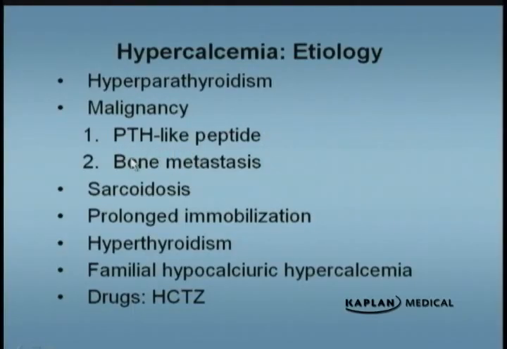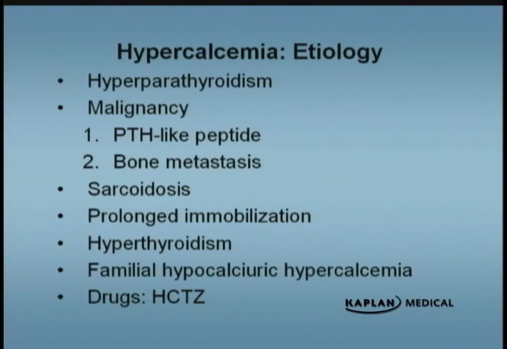The number one cause in terms of frequency is the second one right here, bone metastases. So for example, you have multiple myeloma, or you have metastatic breast cancer, and because of the metastatic disease to the bone, they activate locally tumor necrosis factor, interleukins, leukotrienes.